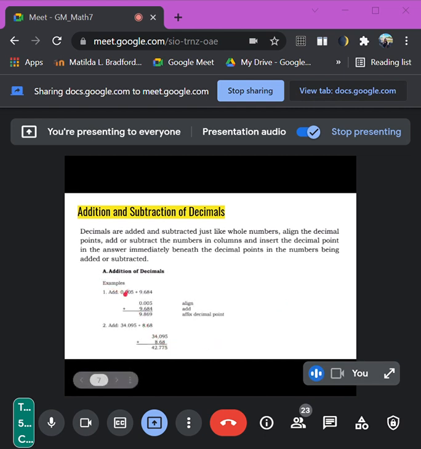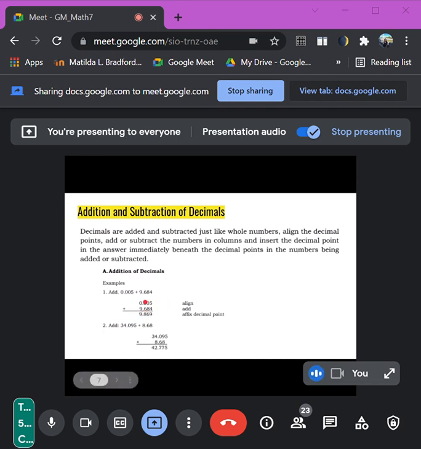So we have here our examples. It is given in horizontal form. So you have there 0.005 plus 9.684. So what you're going to do, class, is align them. Your decimal points must be aligned. So you have there 0.005 and then we add 9.684.